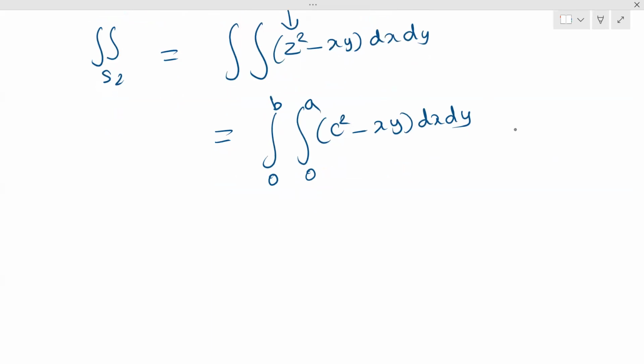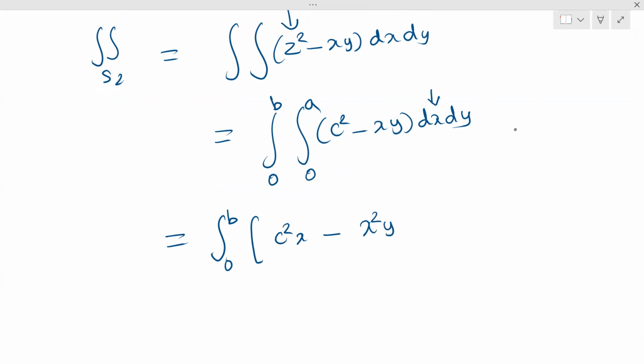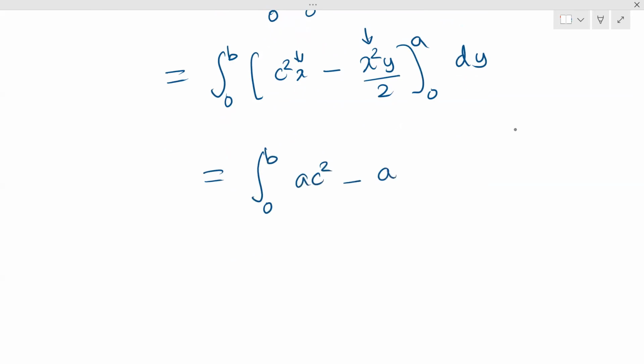Now when we do the integration, first integrate with respect to x, writing the outer integral as it is: c square x minus x square y by 2, from 0 to a, dy. Applying the upper limit a, we get (a c square minus a square y by 2) dy.